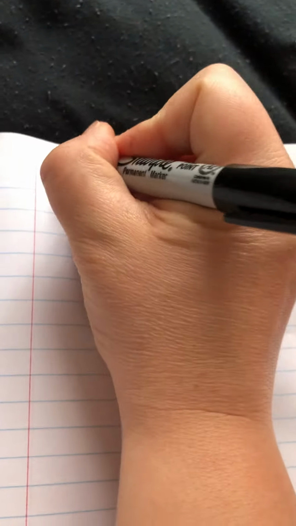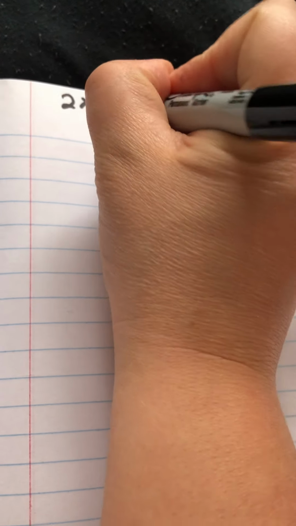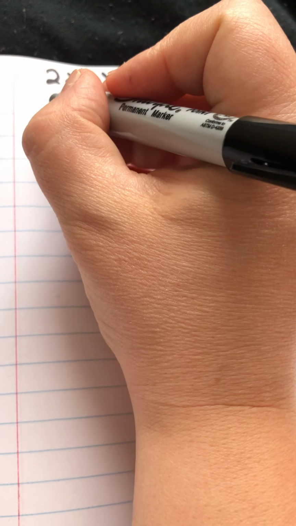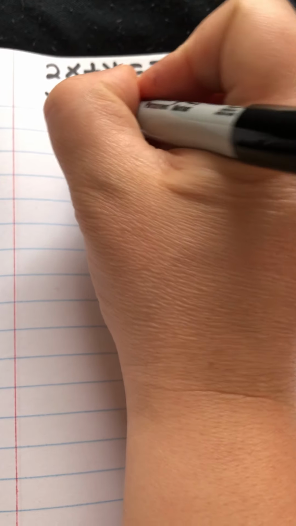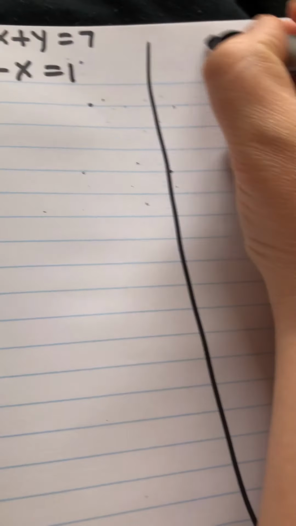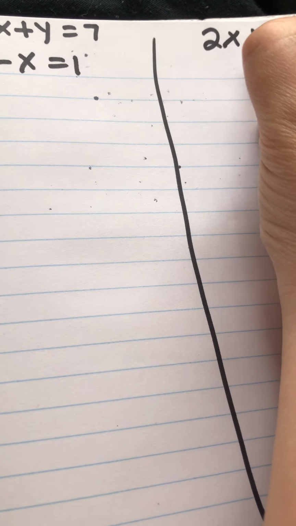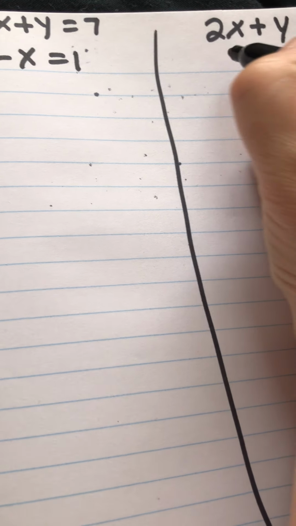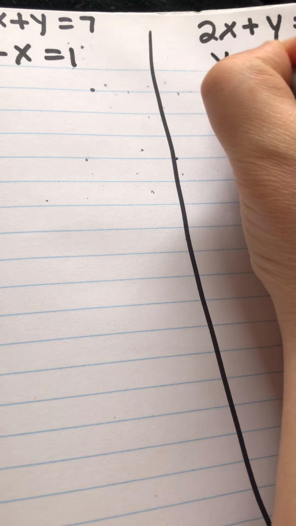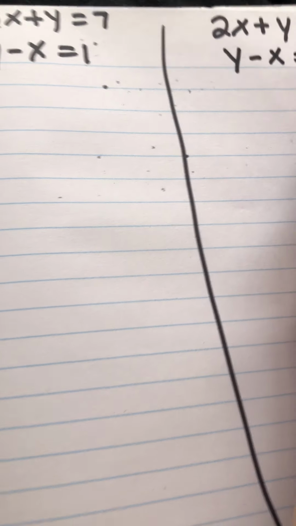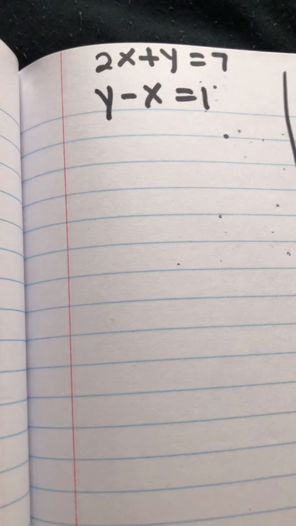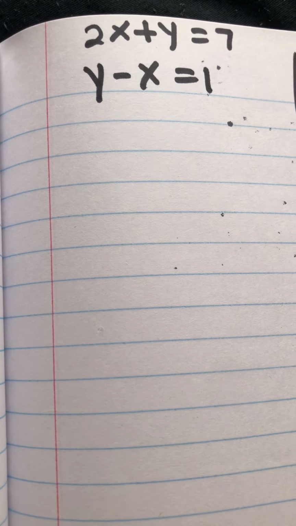So we're going to take the same equations, 2x plus y equals 7 and y minus x equals 1. And we're going to do it two ways. Once substituting for y and once substituting for x. Let's substitute for y first.